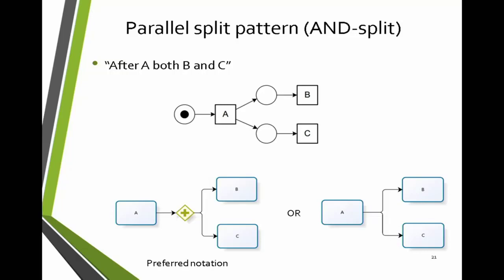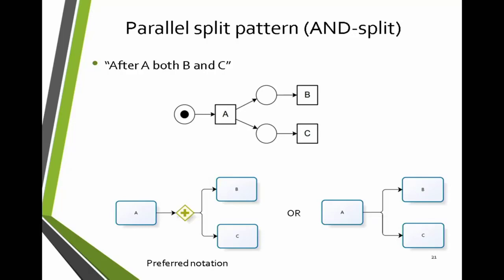This is the parallel pattern. So suppose that after a particular A, you can do both B and C, but B and C don't influence each other, so you don't need to wait to do C until B has finished or otherwise. We basically have a parallel pattern between B and C, which is modeled in a Petri net, as I showed you before in the example.